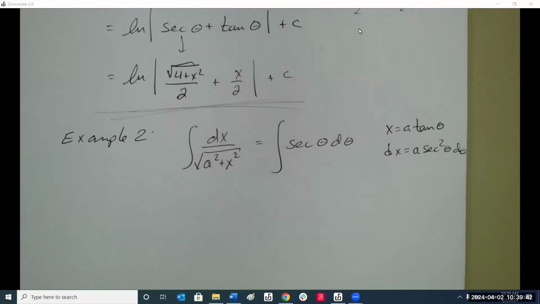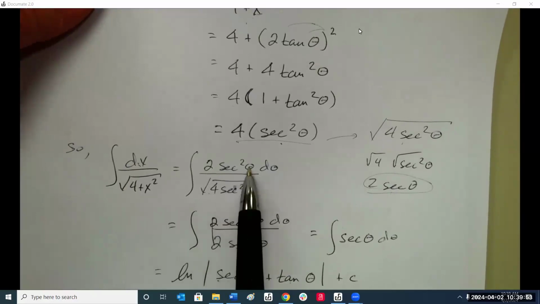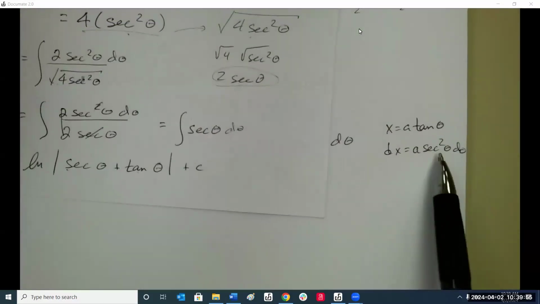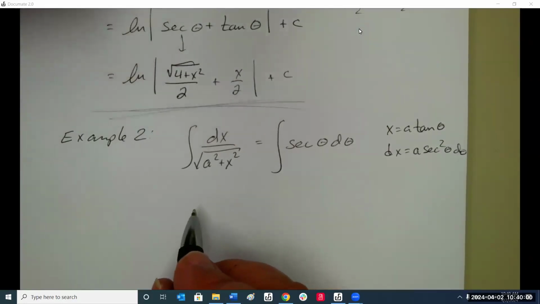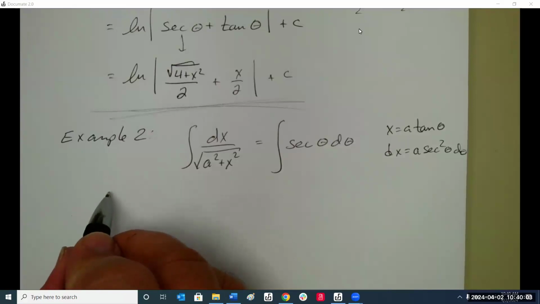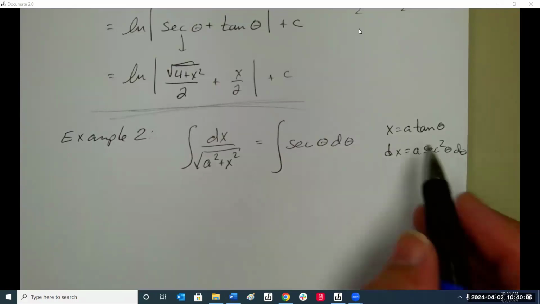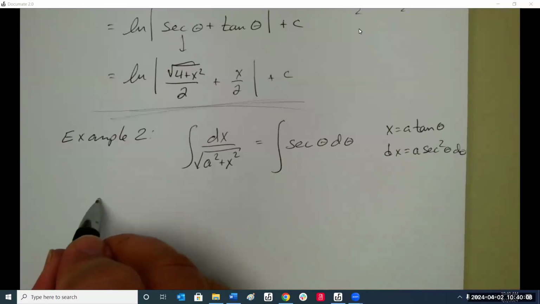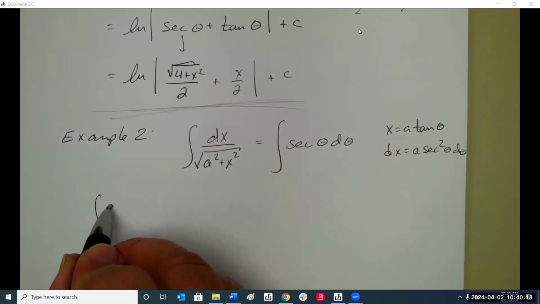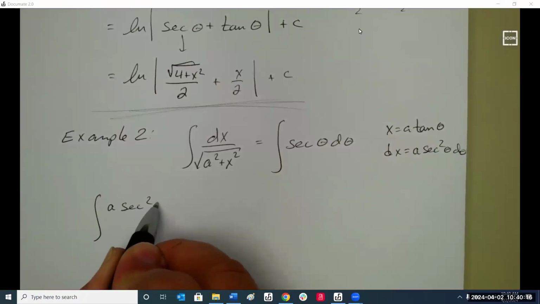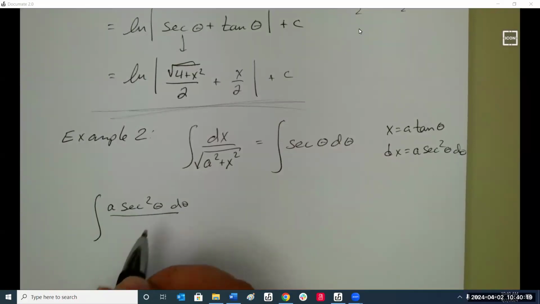So what we did earlier actually follows the same logic. The dx is the same thing we had before. So we have the integral of a secant squared theta d theta.